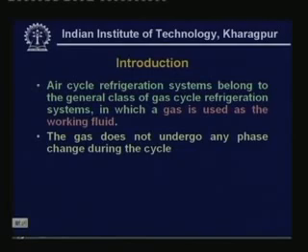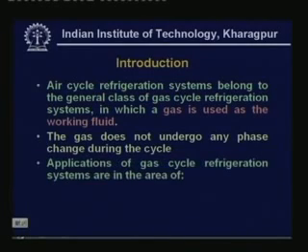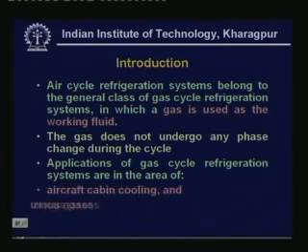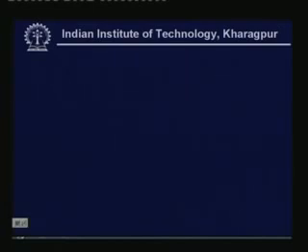There are no phase change processes. Applications of gas cycle refrigeration systems are in the areas of aircraft cabin cooling and liquefaction of various gases. In this particular lecture, I will be confining myself to air cycle refrigeration systems. So, the liquefaction of various gases will not be discussed here.